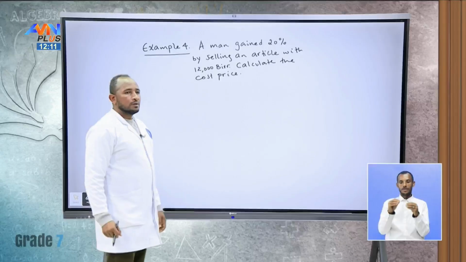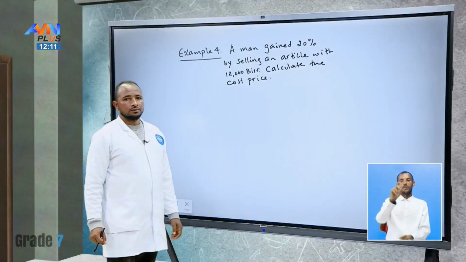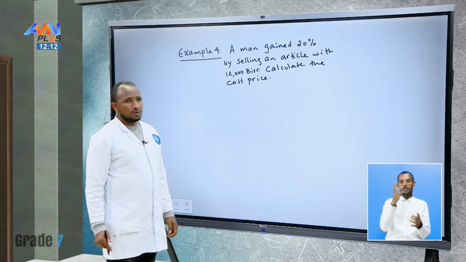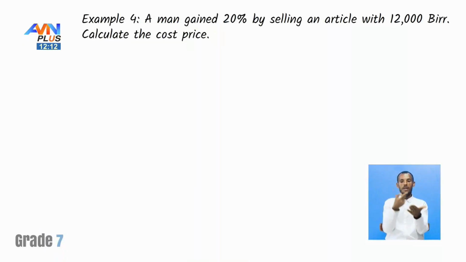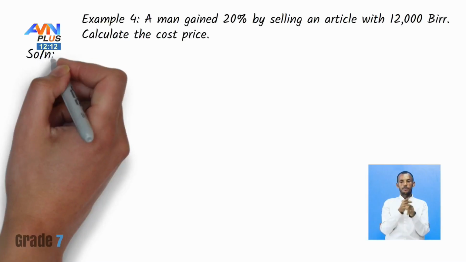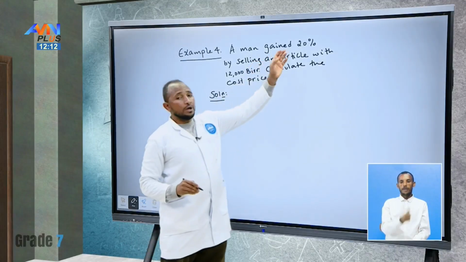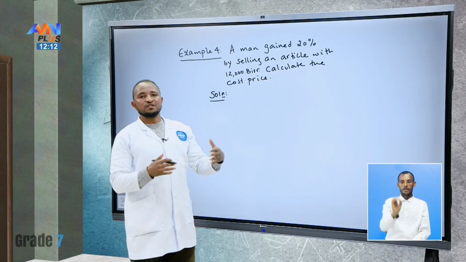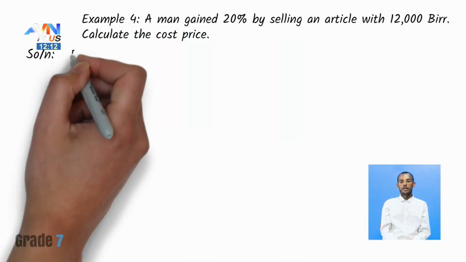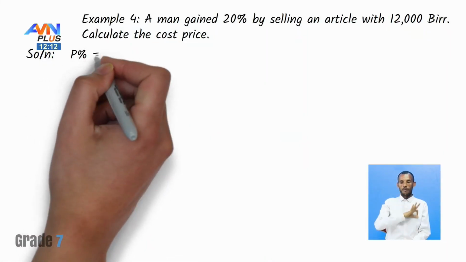Students, have you tried the question? Very nice. Now we'll see the answer together. Here, the man gained 20%, so his profit percent is given here. The profit percent is this 20%.